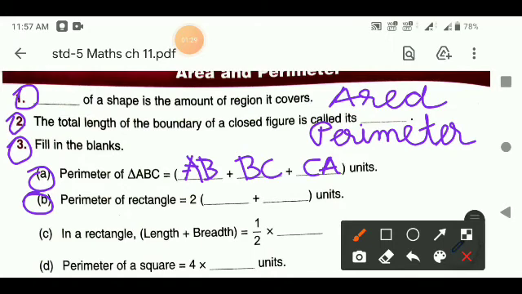Then B1, perimeter of rectangle is equal to 2 into length plus breadth. So here we will write length. In short I am writing L here, and here breadth. That means we can write it like that, 2 into length plus breadth.